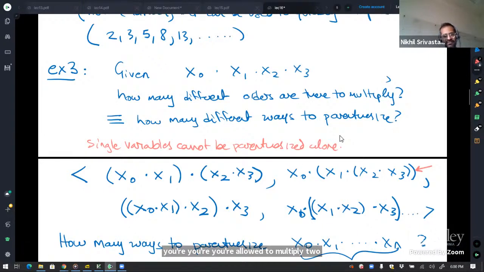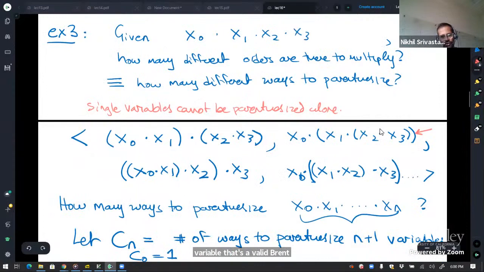So a parenthesized expression is a product of parenthesized expressions. That's the recursive definition. And the base case is just single variables. So anything you can generate by starting out with single variables and multiplying them and putting parentheses around expressions that involve more than one variable, that's a valid parenthesized expression.